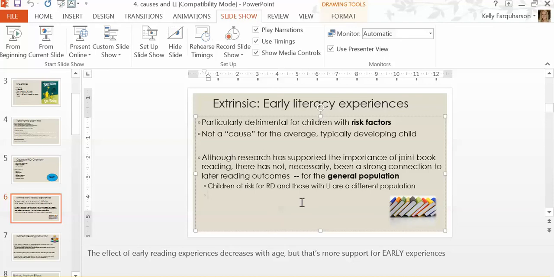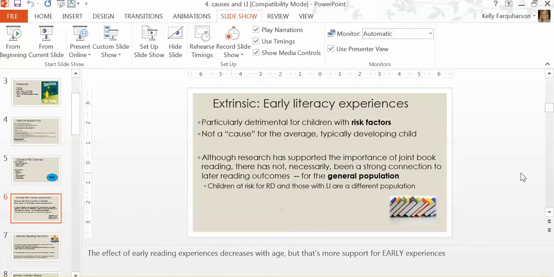So joint book reading is helpful for every child, but lack of it is not going to cause a reading disability for the average child. Children who are at risk for reading disabilities and children who have language impairments are a different population. For those children, not having early literacy experiences in combination with being at risk for these other factors really makes it so that their early literacy experiences could be a cause of a reading disability.